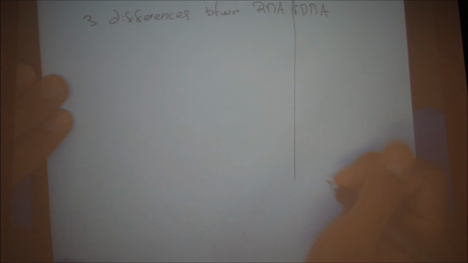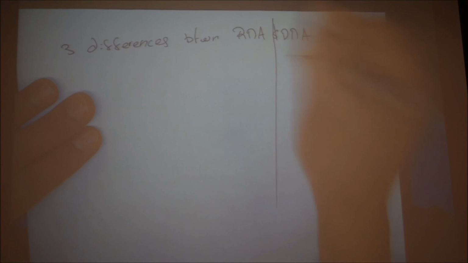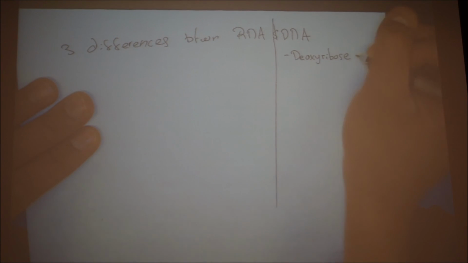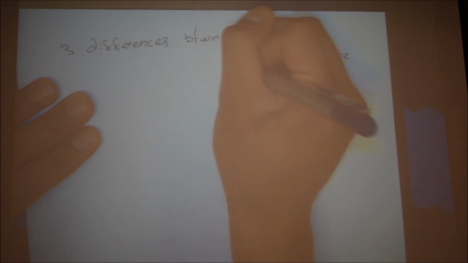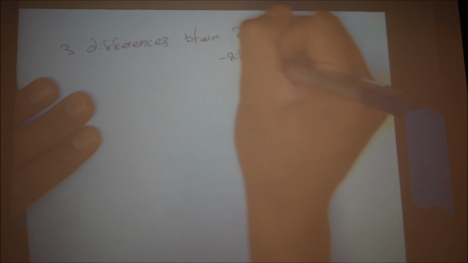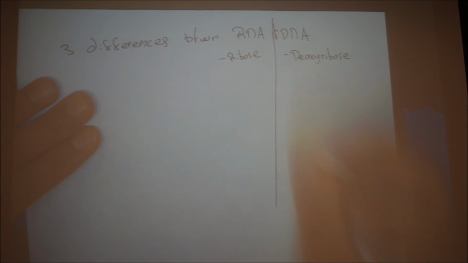between RNA and DNA. I'll go ahead and write a little chart right here, right? So we're going to look at this. DNA uses deoxyribose, which is the sugar, right? And RNA is only going to use ribose. Right here, DNA is double-stranded.